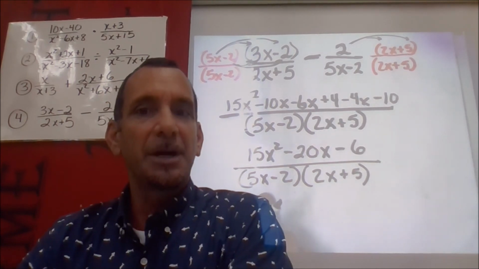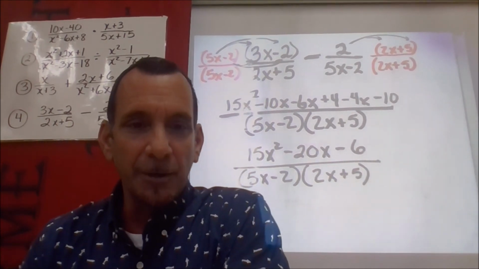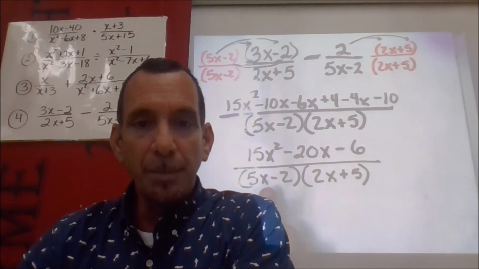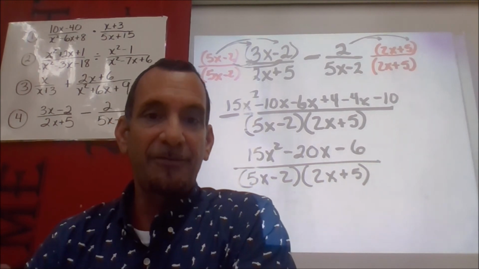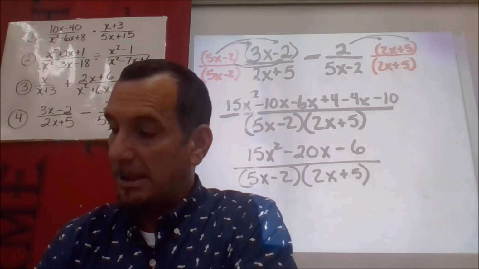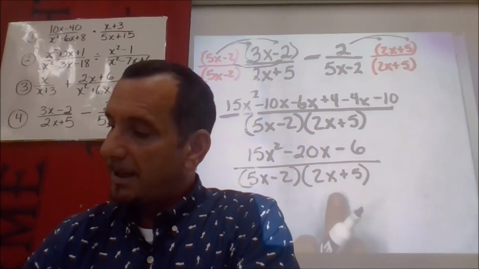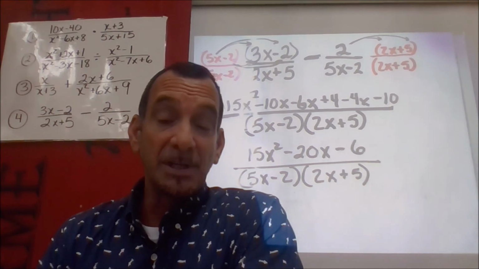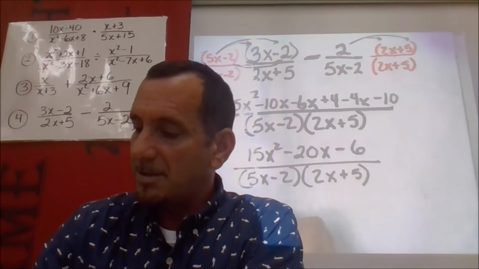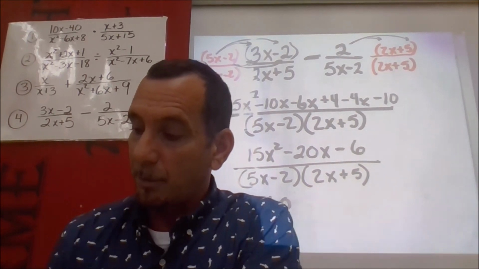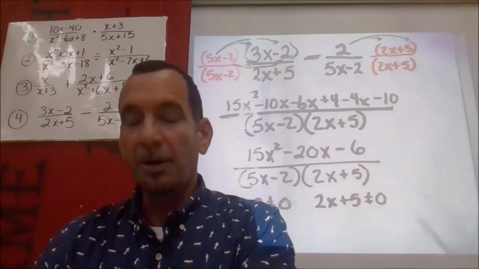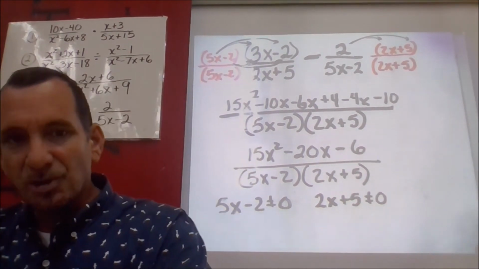However, I need to find my restrictions on the denominator. That is the one final step where I'm going to say what would make either of these factors in the denominator 0, because that's what x cannot be. Because this will give us a little strange restriction on the denominator, I'm going to write it out, and I'm going to say 5x minus 2 cannot equal 0, and 2x plus 5 cannot equal 0, or I'm going to set each factor to 0.